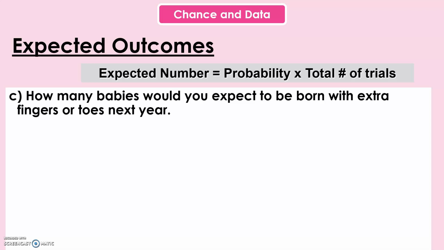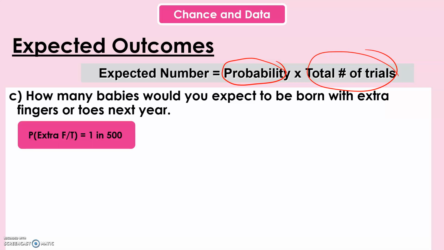So we haven't been given all the information to start with, but we do need to know what is the probability, first of all, of a baby being born with extra fingers or toes. And the next thing is to know how many trials or how many babies were born in a particular year. Now, we won't know about next year, but we can only compare it to a previous year.